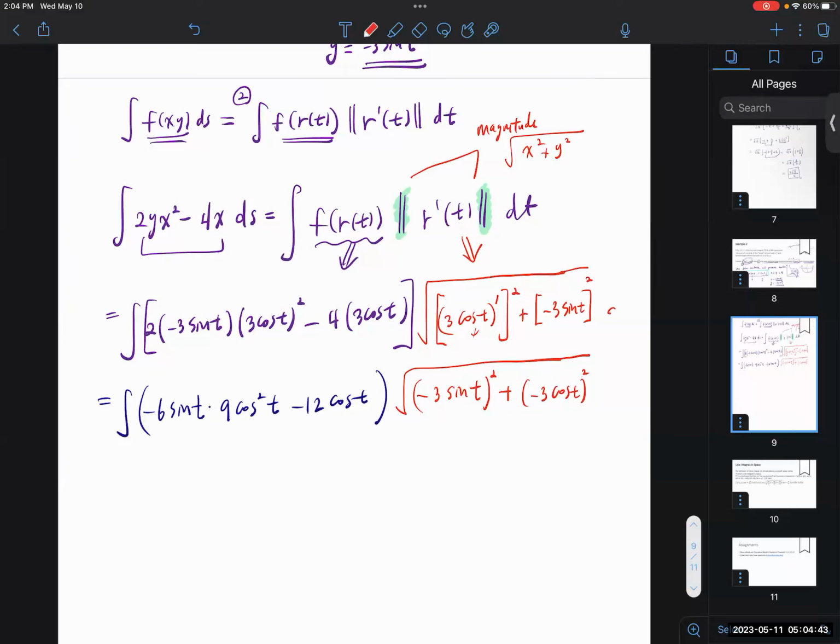So there's a dt. Professor, could you please add a derivative sign for the negative 3 sine t? Yeah, so I took the derivative of the cosine t, that's a negative sine t.